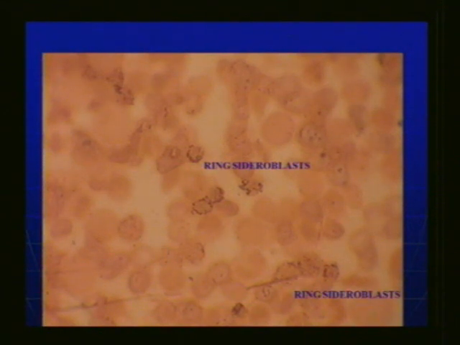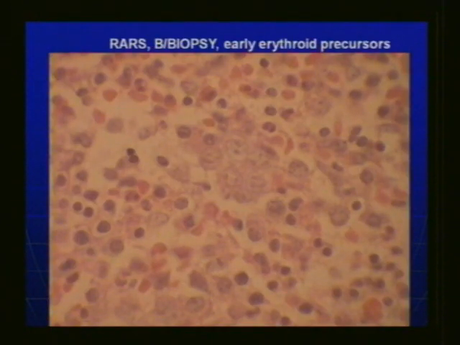So those are the ring sideroblasts. You can see most of the erythroid precursors in the bone marrow are showing these rings, and so the ring sideroblasts are present, and present more than 15% in number. So that makes the diagnosis.